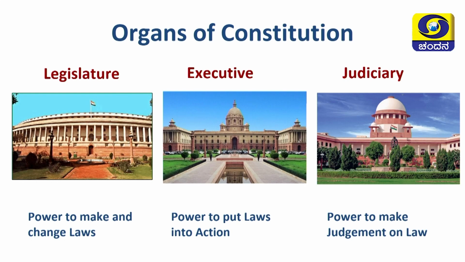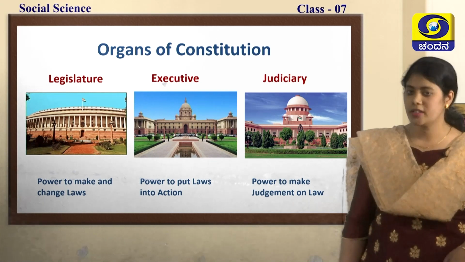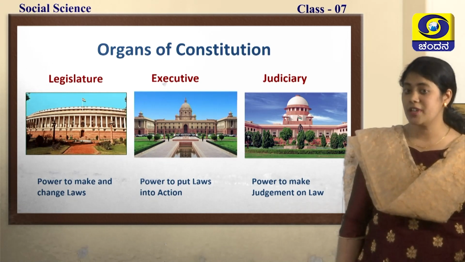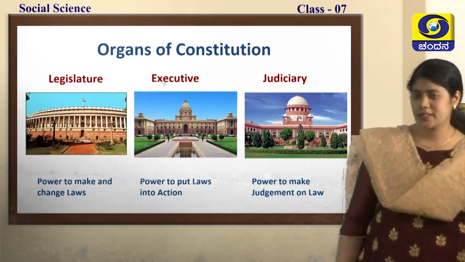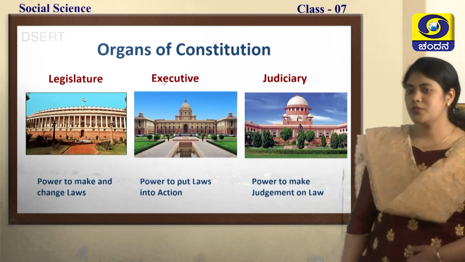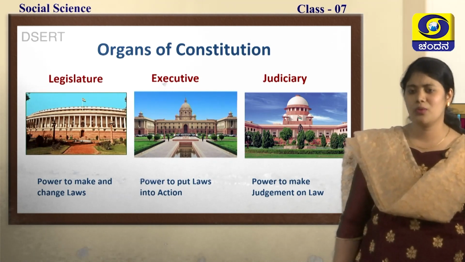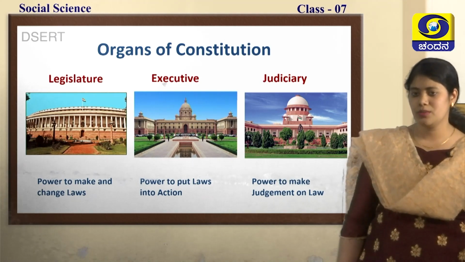Okay, student? Now, let us move on to the executive. See, the legislature's work is to make laws and change the laws, right? But the work of the executive is to put those laws into action. Do you get it, students? Now, move to the next image, that is judiciary. You can tell me what it tells you.